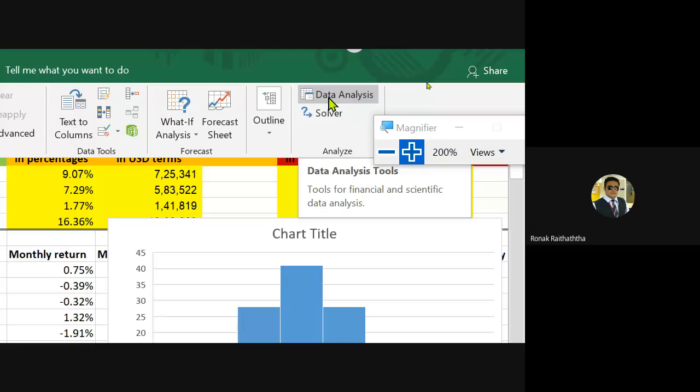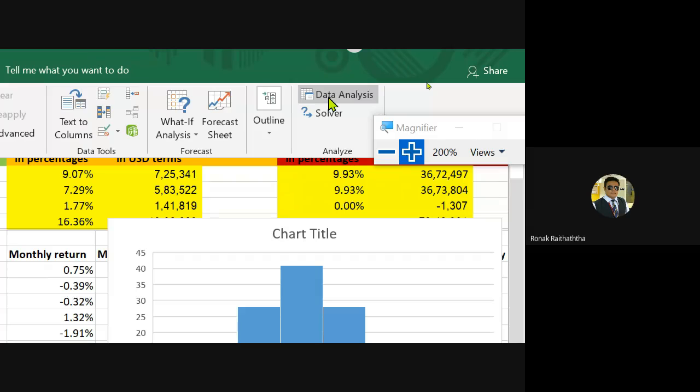I will tell you how to add the data analysis tool. In the chat box, please give me your confirmation, positive or negative, whether it is there or not. If it is not, then I need to explain how to add that function.